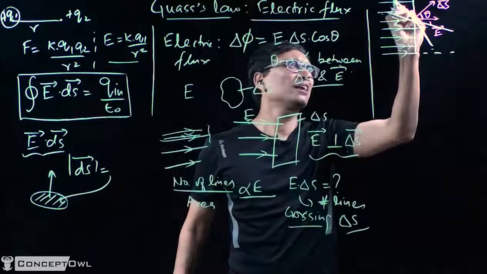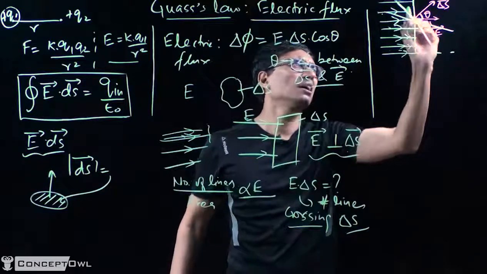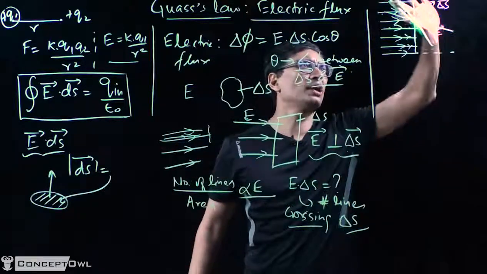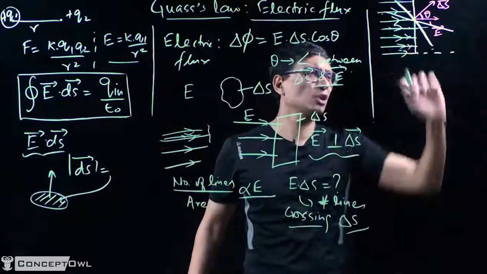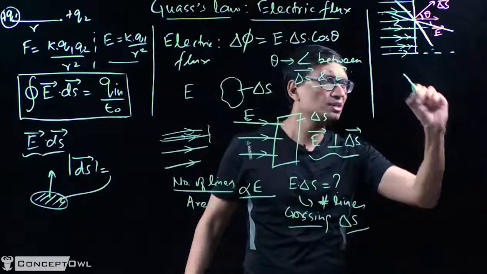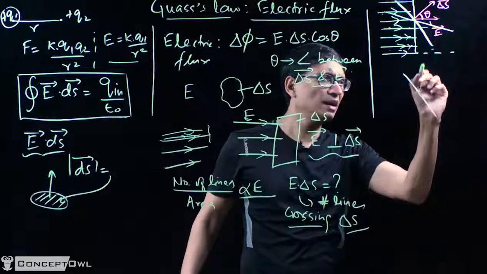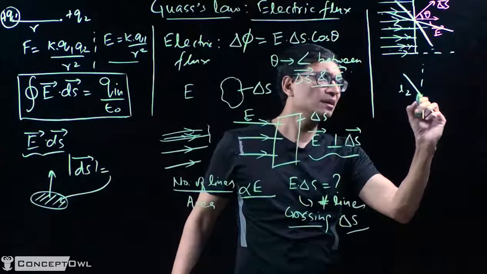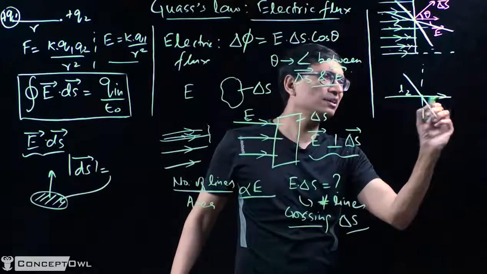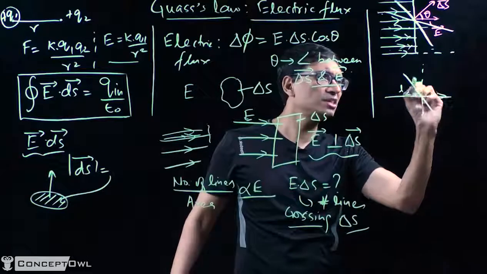If I look at this whole length, let us say it is L, so half the length is L by 2. I'll just draw it here for cleanliness. So this is my L, and this is my L by 2. And now this is the direction of the electric field, and this angle is theta, right?